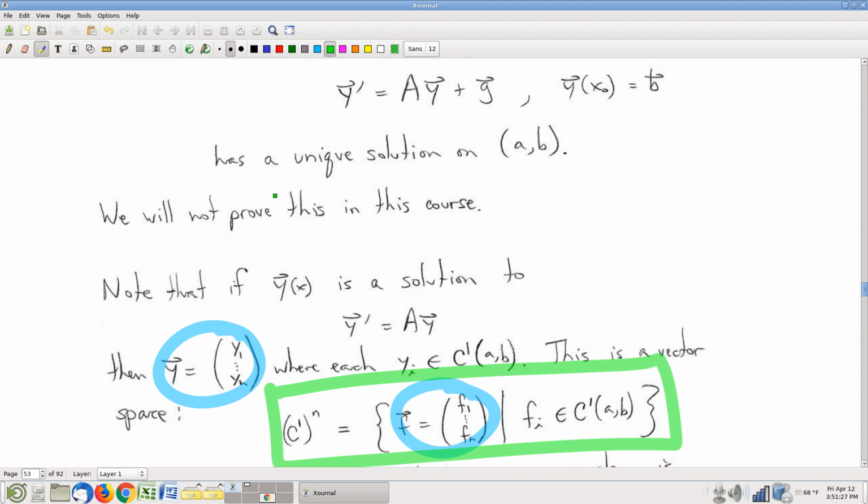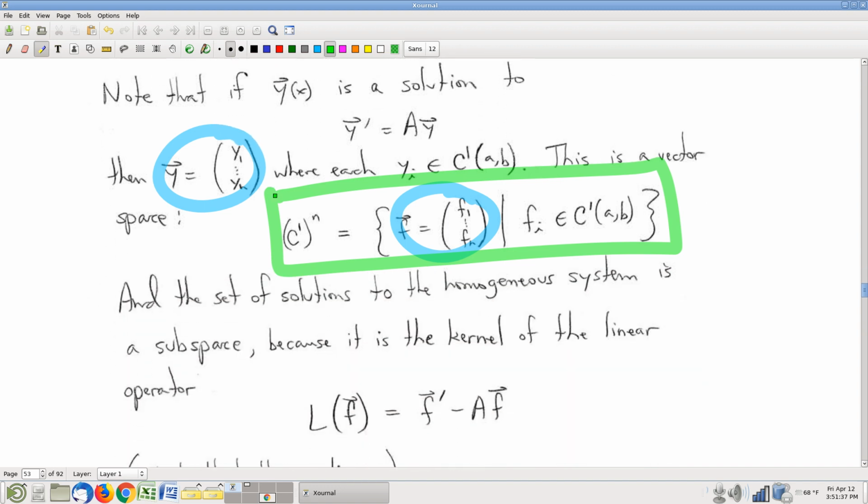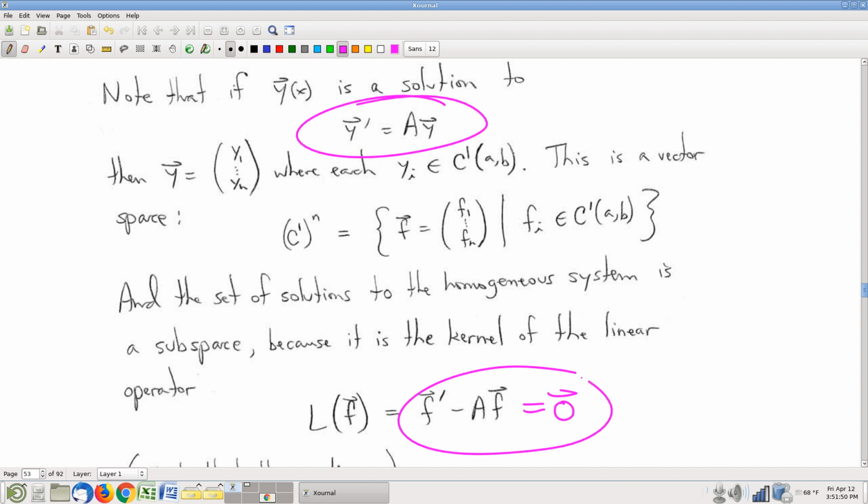This is a vector space, so when I say we're looking for solutions, what we're really looking for is vectors in a vector space, just like in Chapter 4. Furthermore, what I'm looking for really is a subspace of that vector space. Now, how do I know it's a subspace? Well, because this equation is equivalent to this equation.